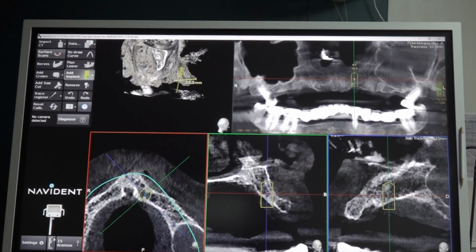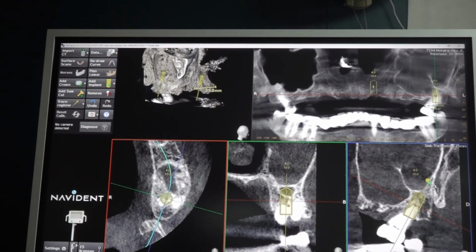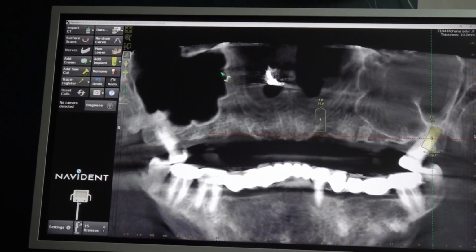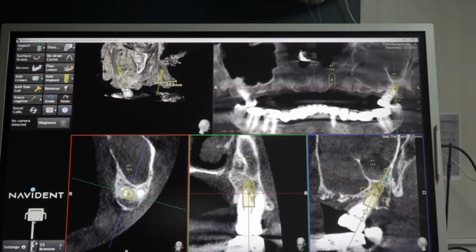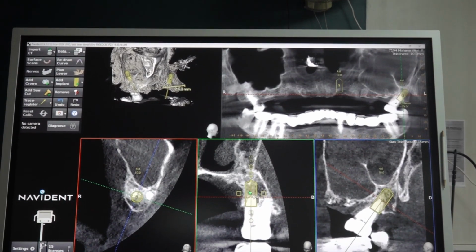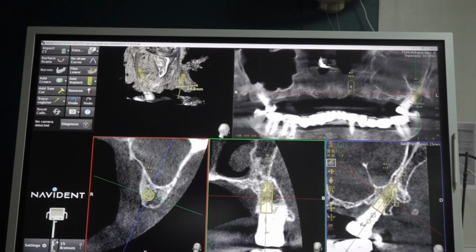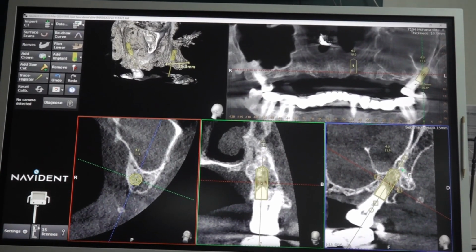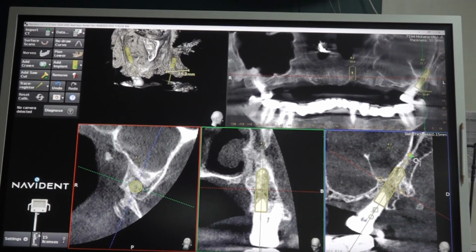So first we will plan both the pterygoids. If you see, the left sinus looks not so healthy. The right sinus is good, right? But the left sinus shows some sign. Better ask about sinusitis history. So here, if you go along the root of the 8, the palatal root, you will go into the pterygoid.